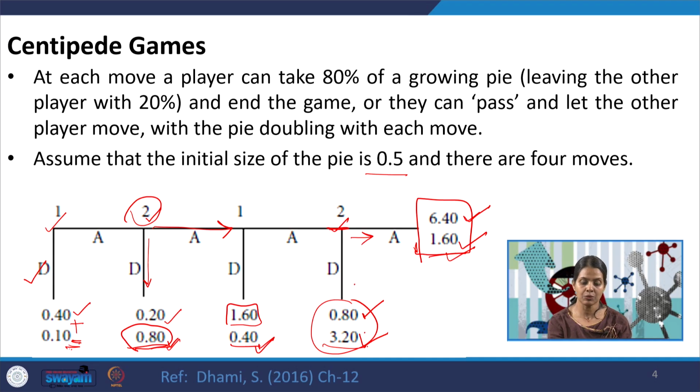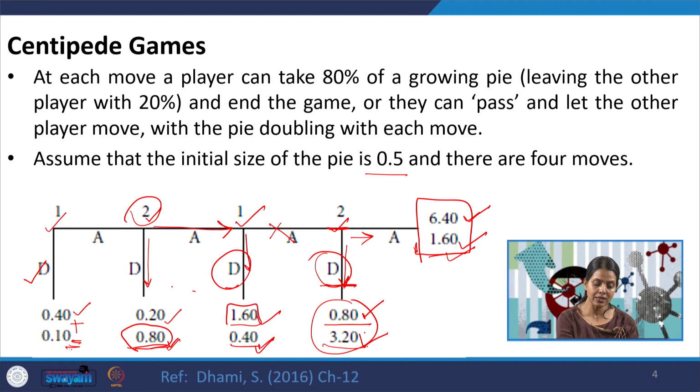He has all the motivation to play down. So, he plays down here. Now, when he plays down here, then player 1 sees that he would be getting 0.1, and if he would have played down before that, then he would get 1.6. So, player 1 in that case won't play across, rather he would also play down.